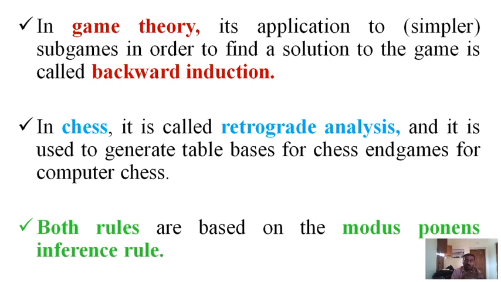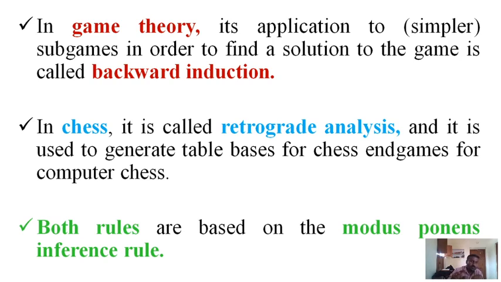Modus ponens mainly discusses two things: one is the if-then rule and the second is inference. In the inference rules we are discussing substitutions. If you make substitutions, then two sentences may become identical. That is the two points the modus ponens rule states strongly.